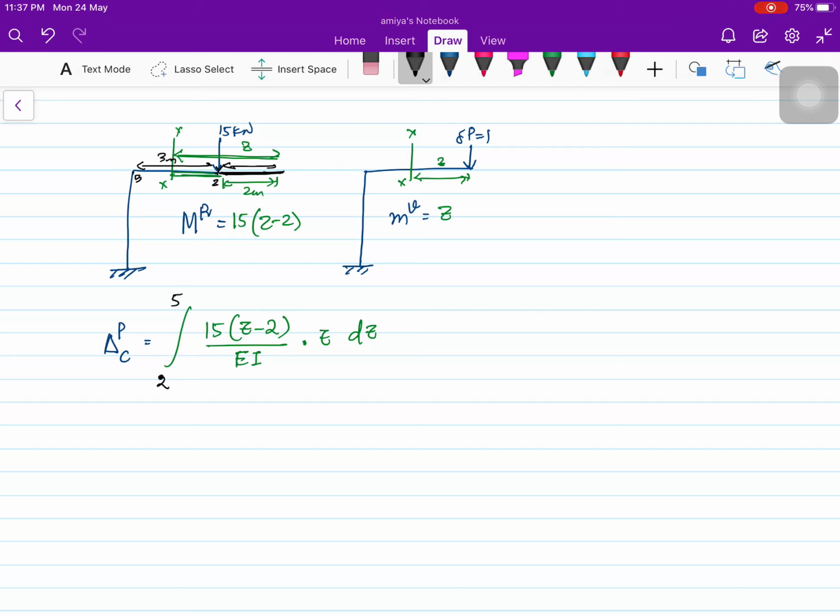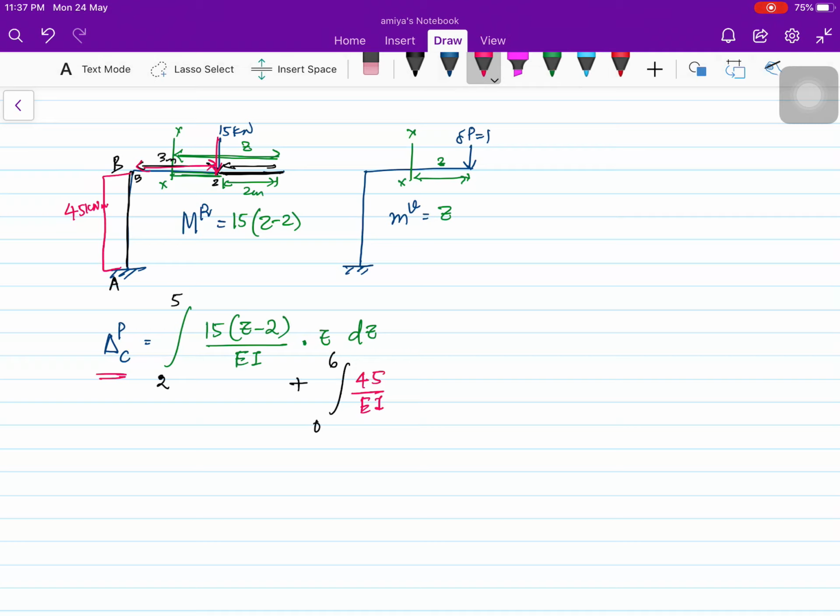Then plus the BA part, which is 6 meter, so 0 to 6. What will be the moment here? The force is 15, multiplied by 3 is 45, so the moment here is 45 kilonewton meter, so 45 by EI. If you watch my video on the virtual force method, you can understand more about it.